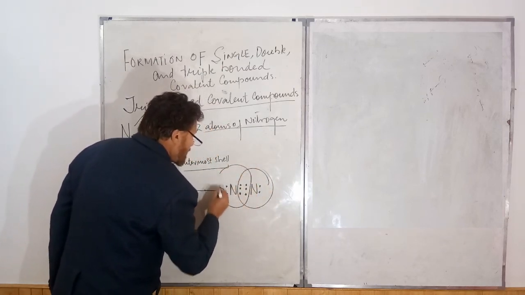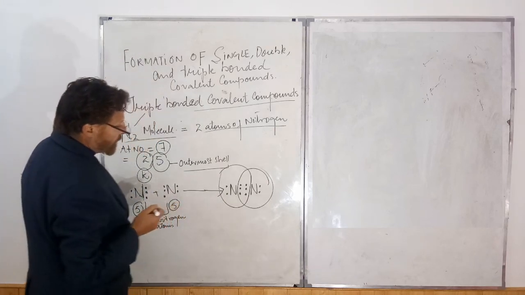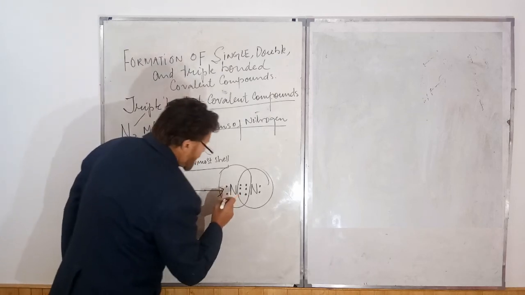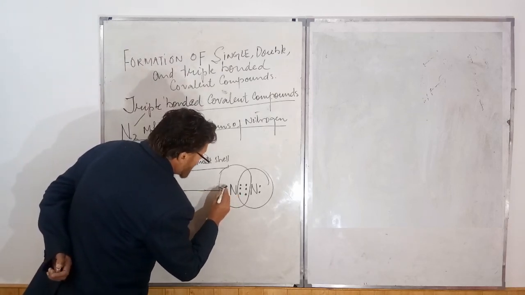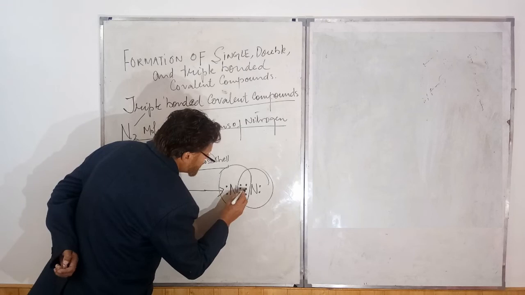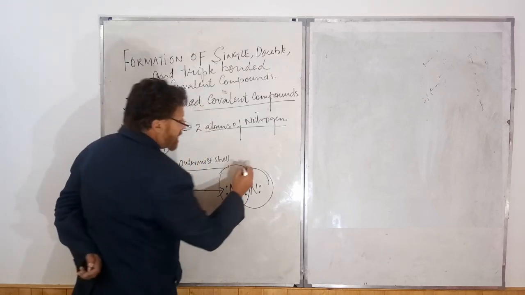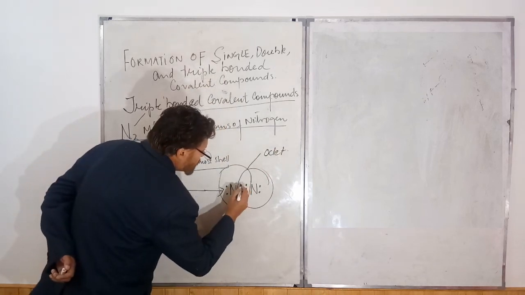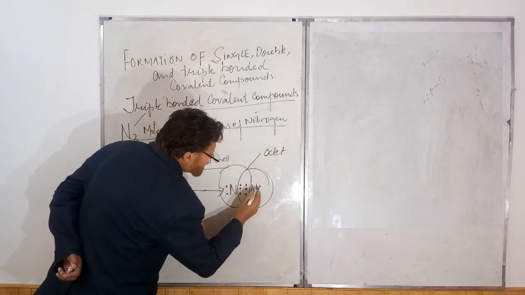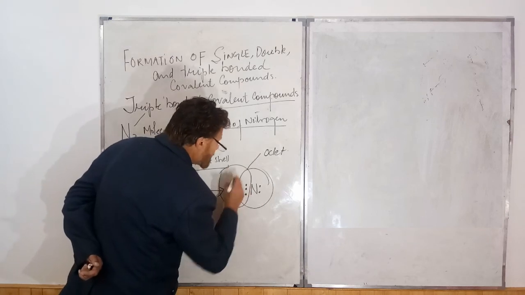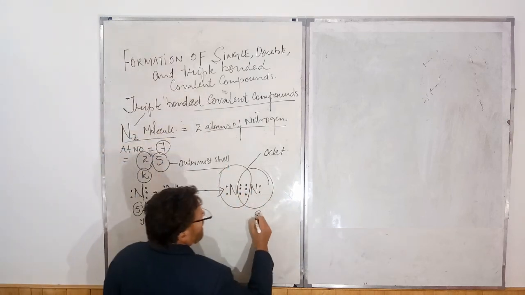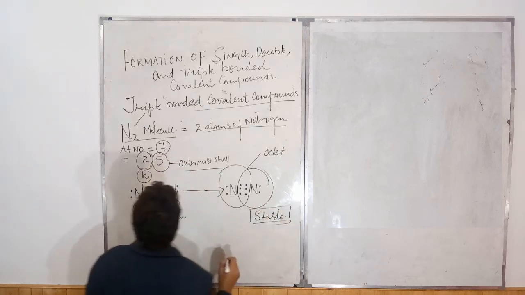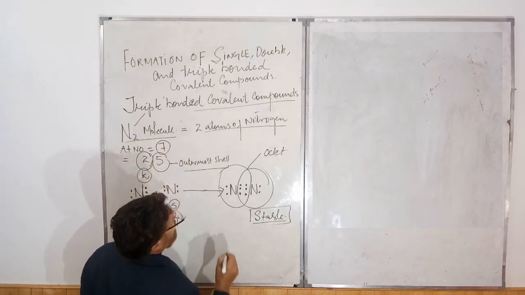This is the sharing of 3 pairs of electrons between the 2 nitrogen atoms. Now here we can see the position: 1, 2, 3, 4, 5, 6, 7, 8. That means octet. This is also an octet. That means it is now stable. For stability, we have the formation of the nitrogen molecule.